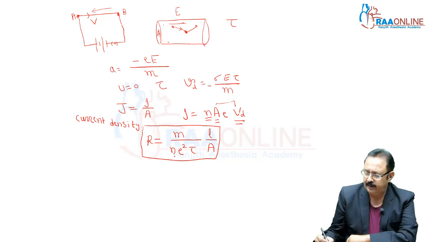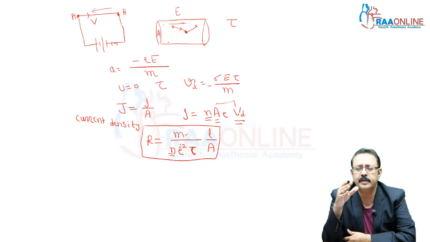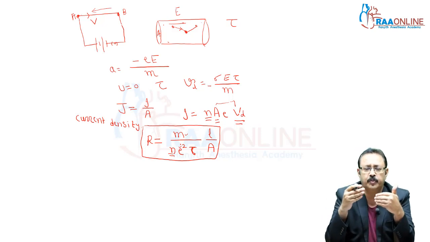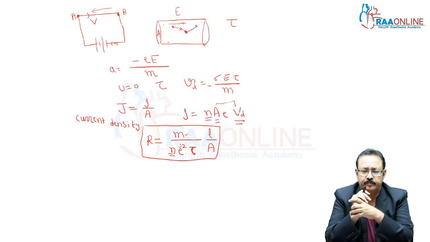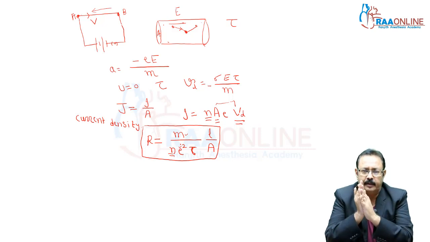So n varies from metal to metal. m and e are constant for all metals. Tau, relaxation time, depends upon the physical conditions. Relaxation time means the time taken between two collisions. But L and A are purely related to your specimen.